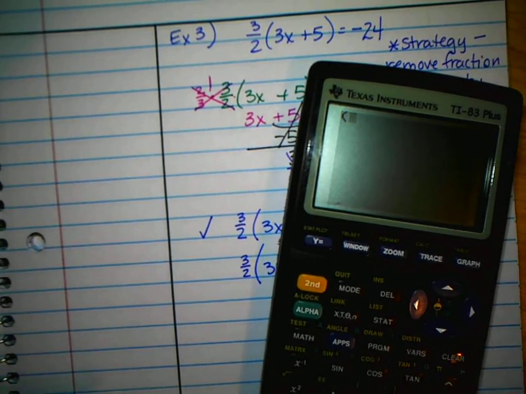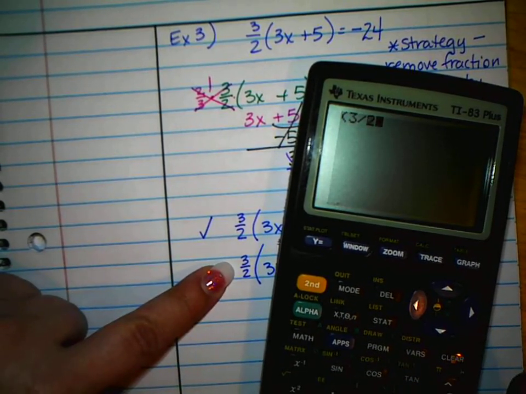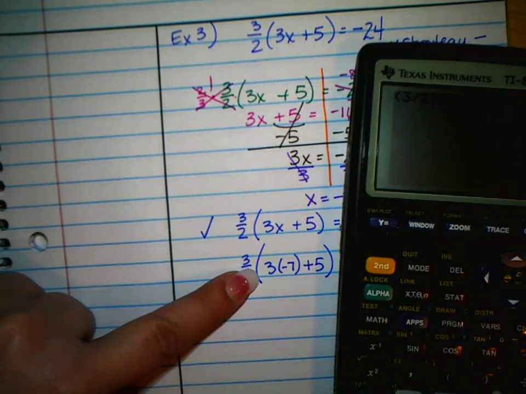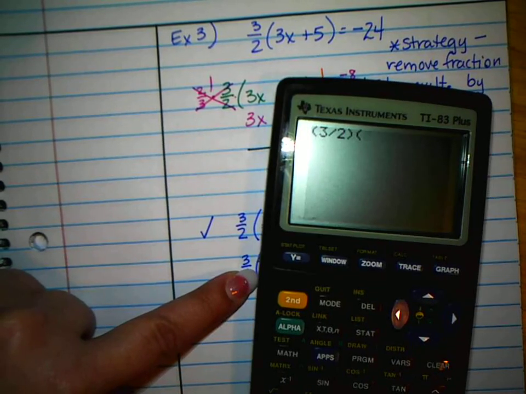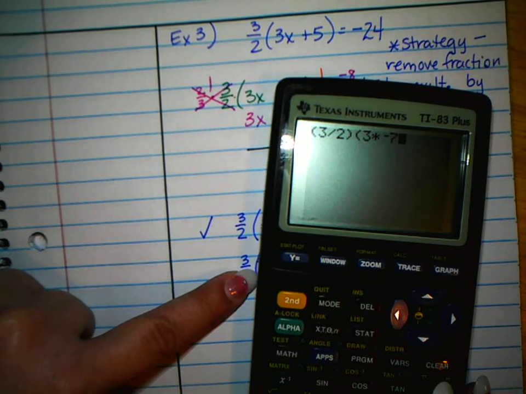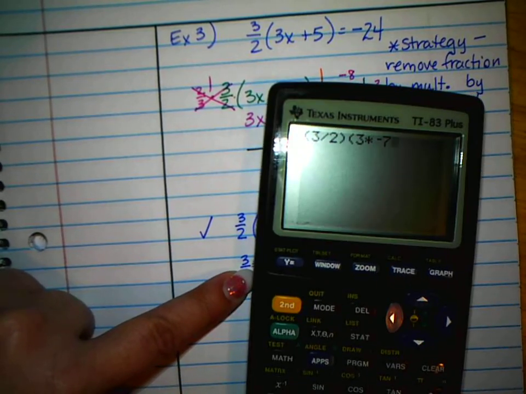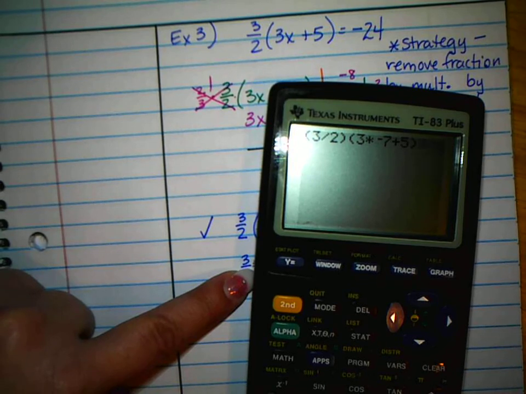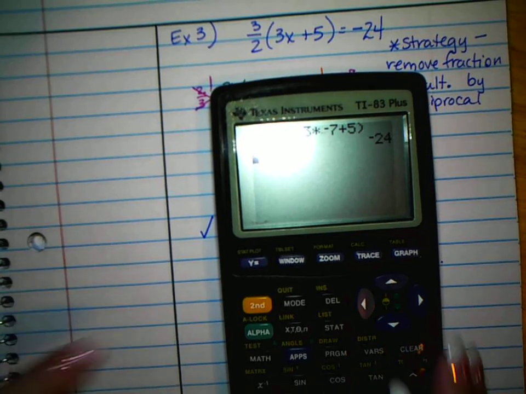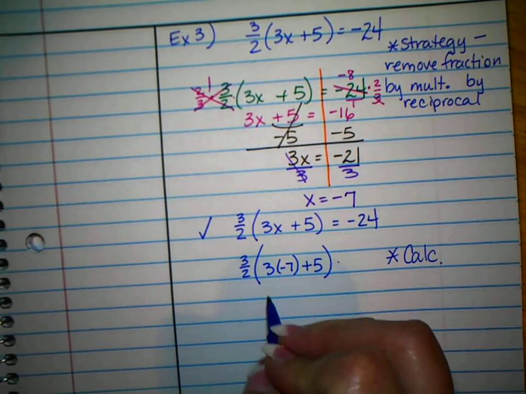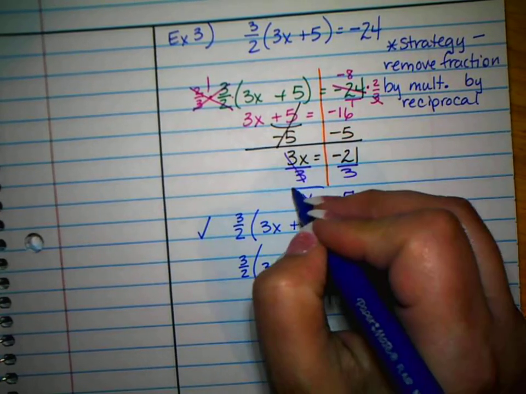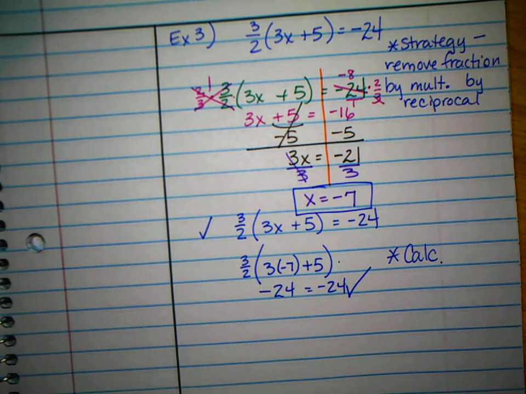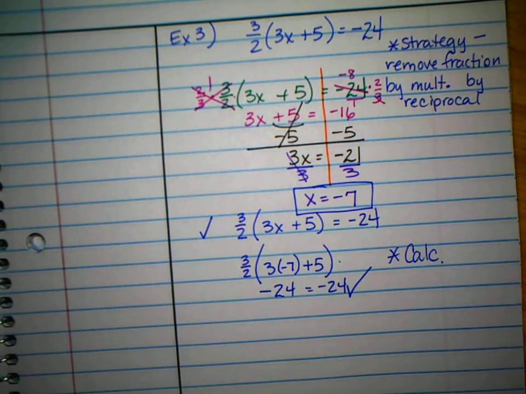I need to put 3 halves into a set of parentheses. Then I'm going to open up this set of parentheses. And it's 3 times negative 7. See, that's why the calculator works so well. Plus 5. And close that set of parentheses. And push enter. And I see that my answer is negative 24. So I have negative 24 equals negative 24. That checks, and I can box my answer.